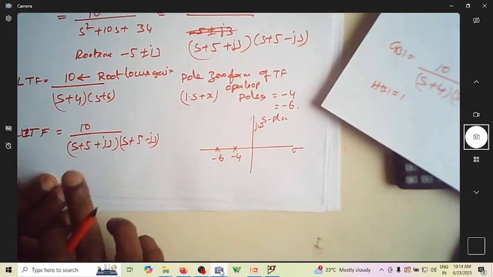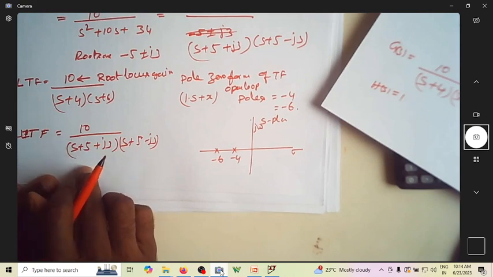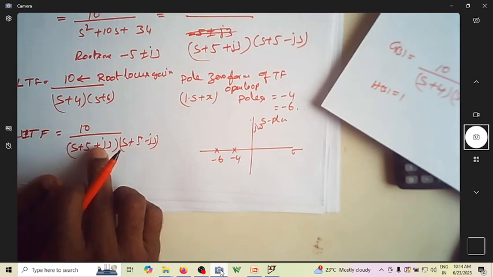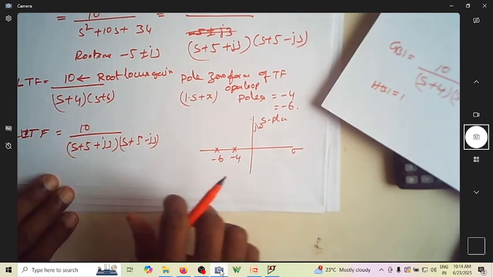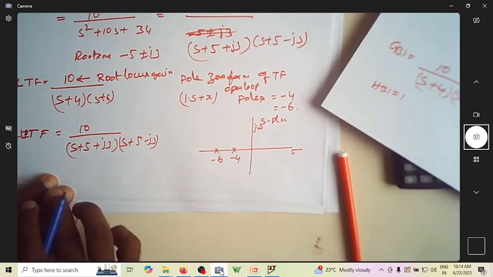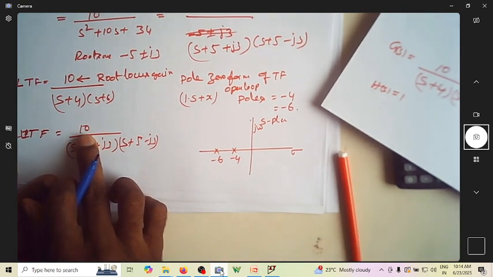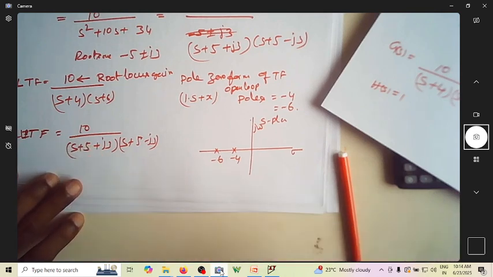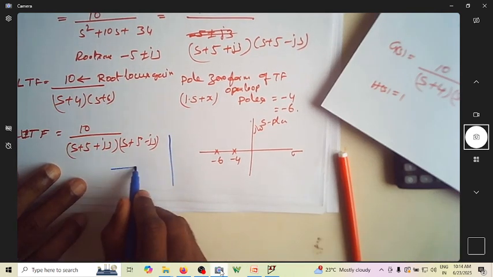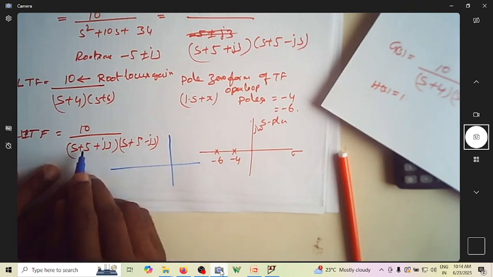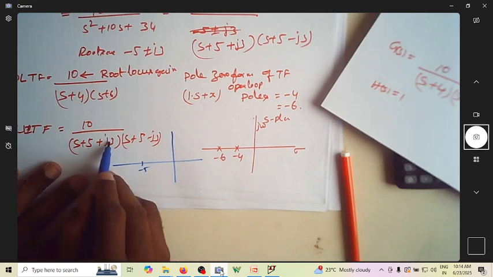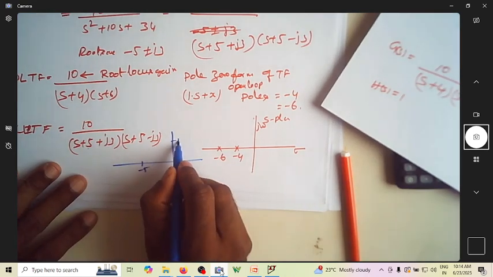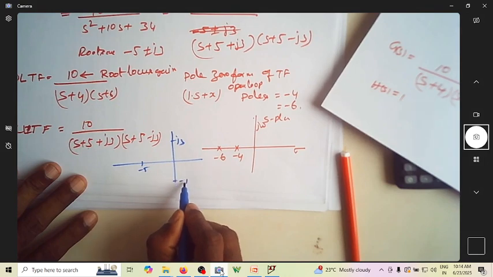Coming to closed loop poles, again this is in pole zero form, because you can see the coefficient of s is 1. Now I can represent these poles in the S-plane. The real part is -5 and the imaginary part is plus j3 and minus j3.